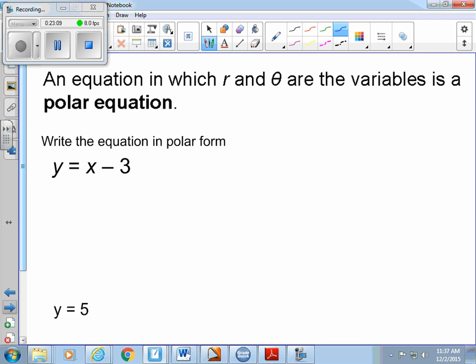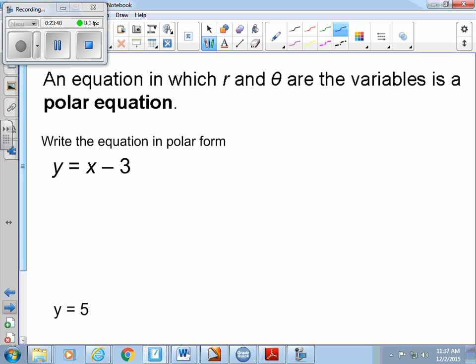Polar equation. I want to write this equation in polar format, which means instead of having x's and y's, I want r's and thetas. I have 4 equations that I can use, and I'm going to do substitution.